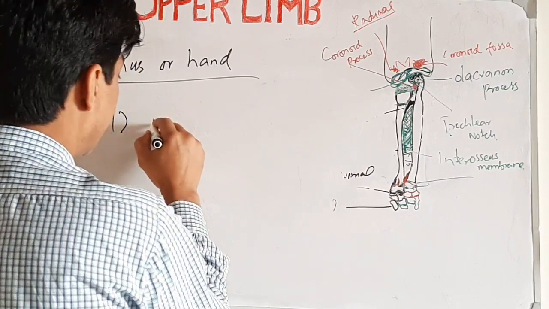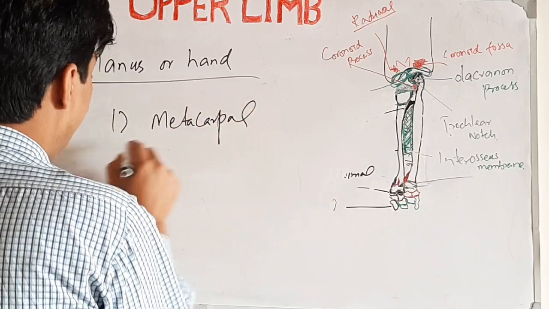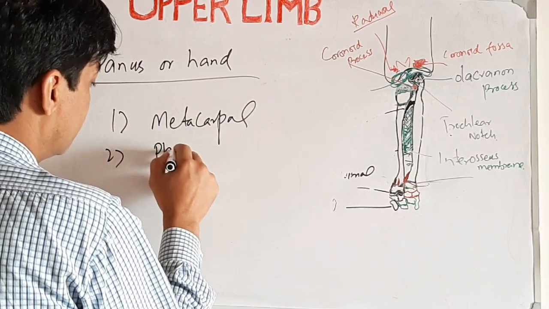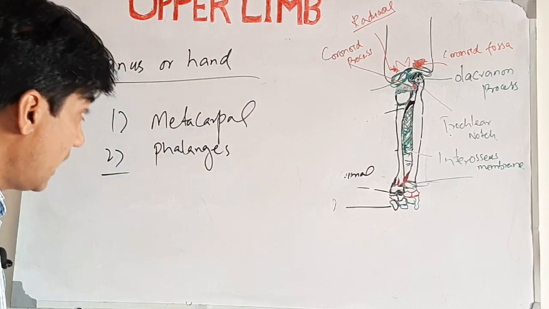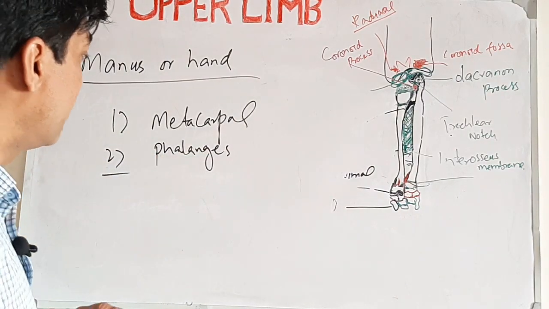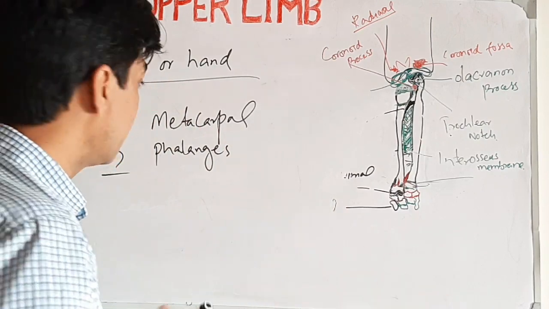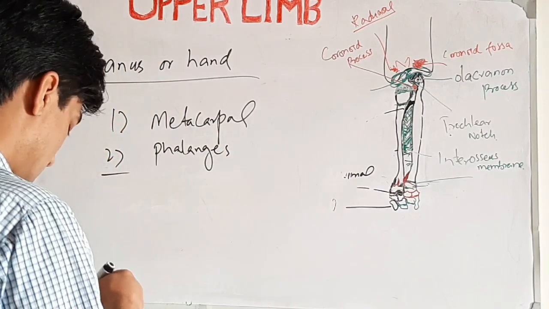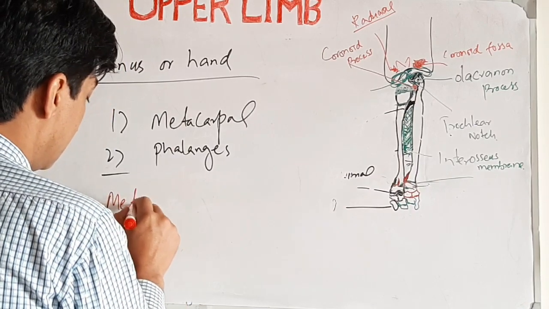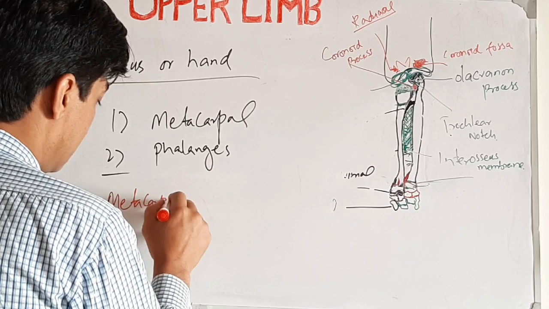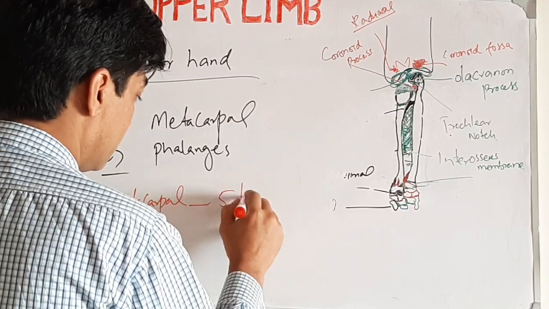One is metacarpal and second is phalanges. There are 5 metacarpal bones in each hand, and they make the palm of the hand. Palm, metacarpal, 5 bones.